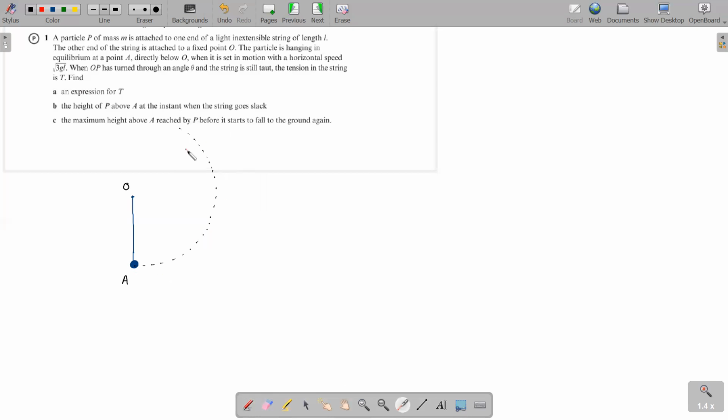So this is the circular part. What you need to do here is, when OP has turned through an angle theta, take another point on this circular path. So this is the angle theta.